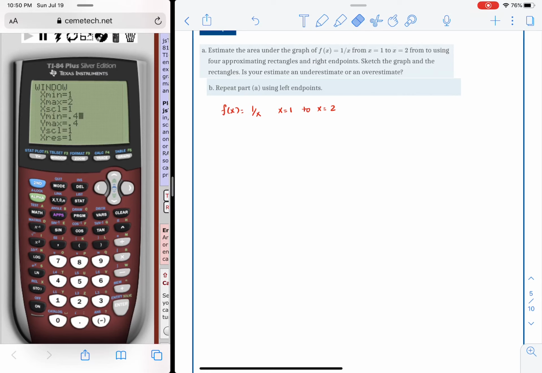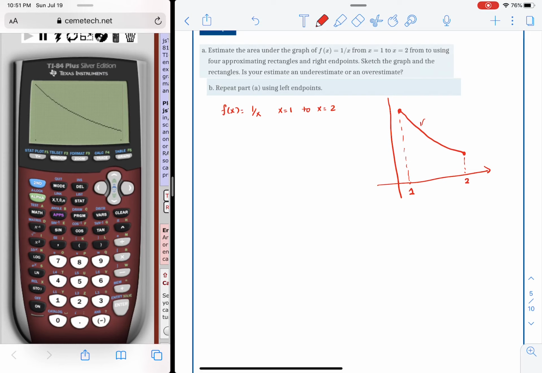Have the order reversed. So that is our curve, something like that. So that point right there is 1, and that point is 2. That is our curve, f of x equals 1 over x.